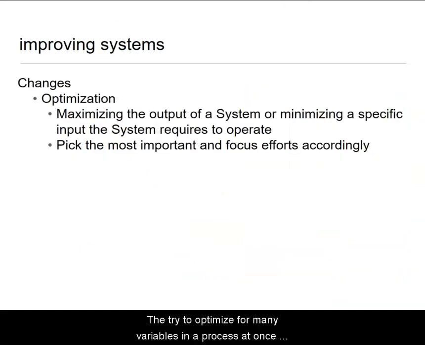Trying to optimize for many variables in a process at once usually doesn't work. You need to concentrate on a single variable for a while so you can understand how the changes you make will affect the process or the system as a whole. So you want to pick the most important one and focus your efforts accordingly.